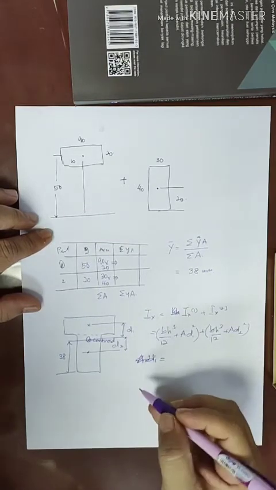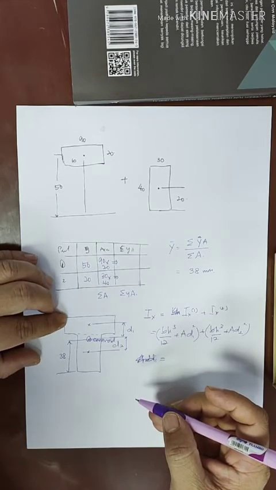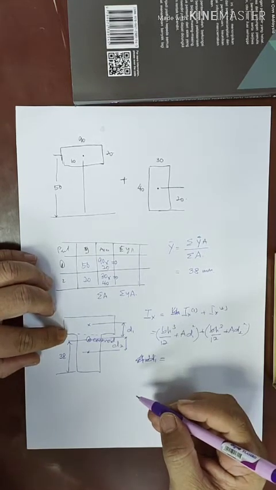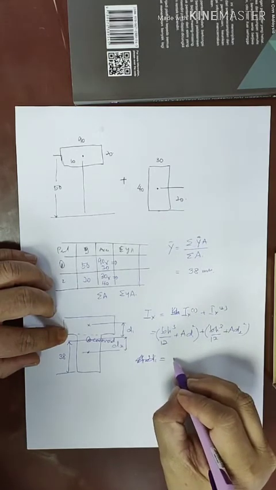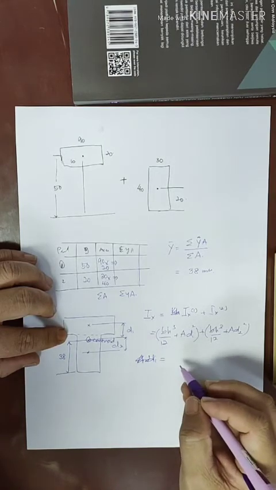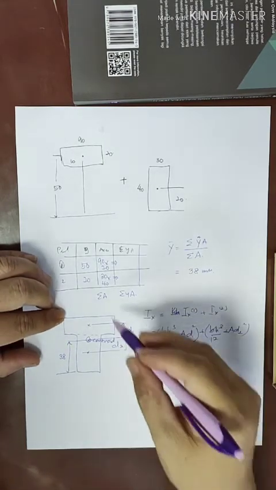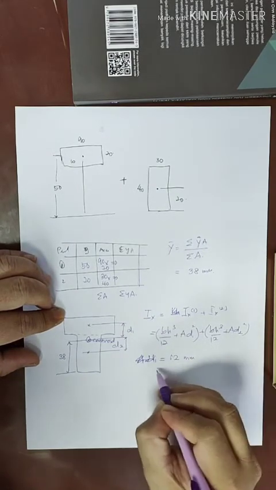So d1 here is 50 minus 38, you get 12. The distance is 10 plus 2, 12 mm.